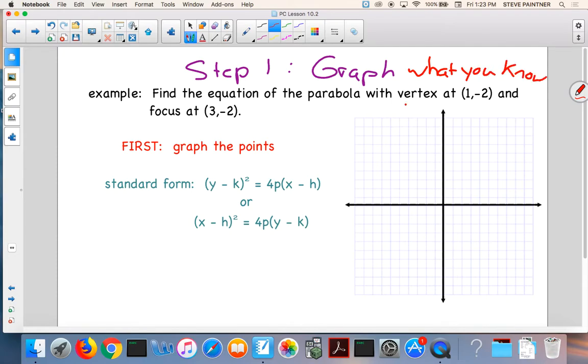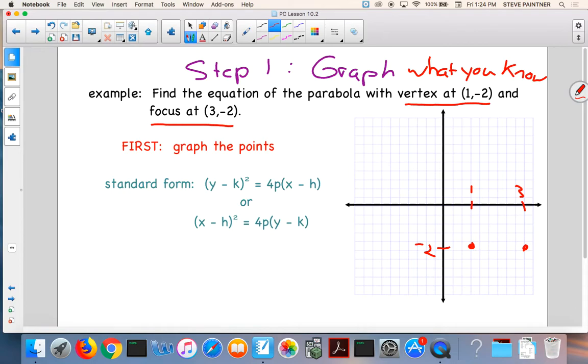We know that the vertex is at (1, -2). We know that the focus is at (3, -2). So you just want to graph those points, get them down. Focus at (3, -2). Okay. You have those points down.